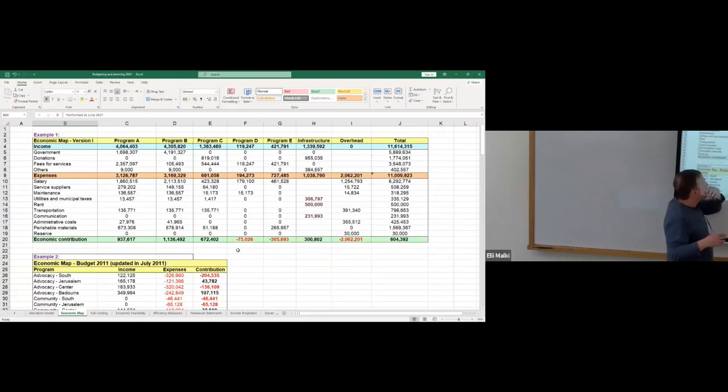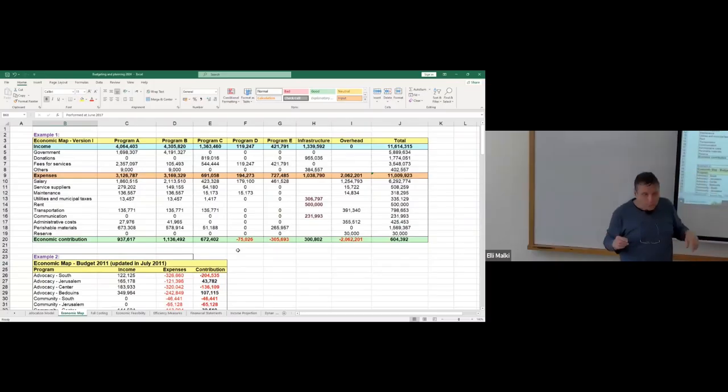What is this line? It is the difference between the income, the earmarked income, the designated income to this program, minus the expenses that were allocated based on the direct costing method. What does it mean?